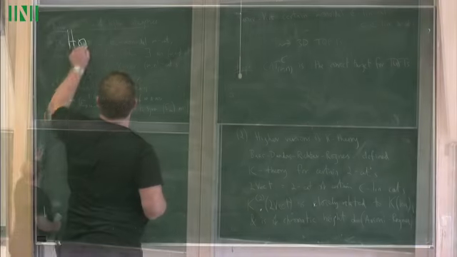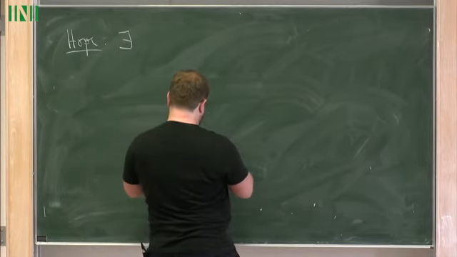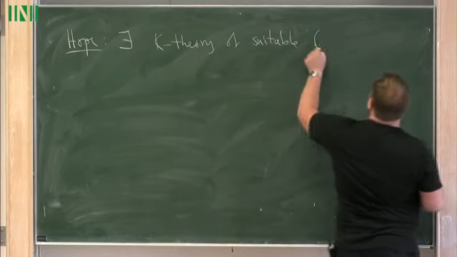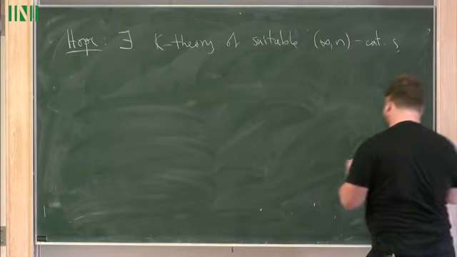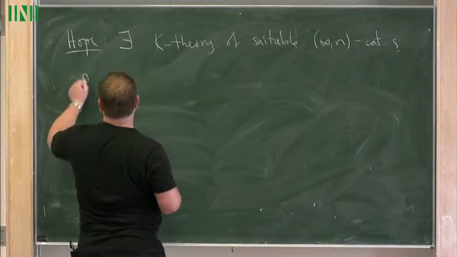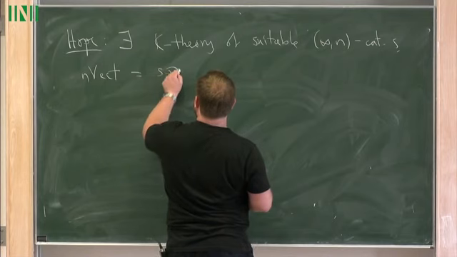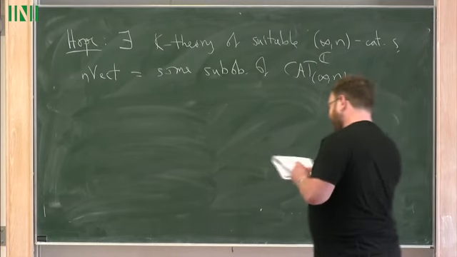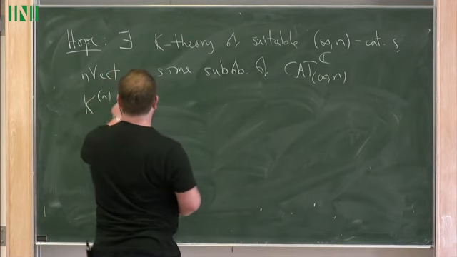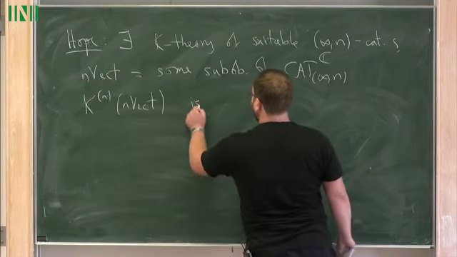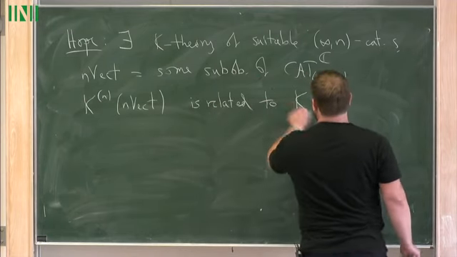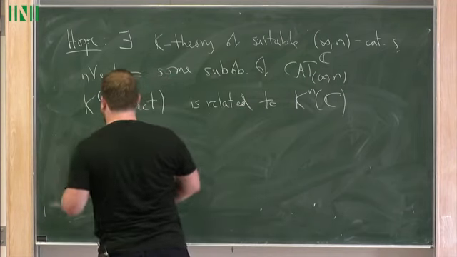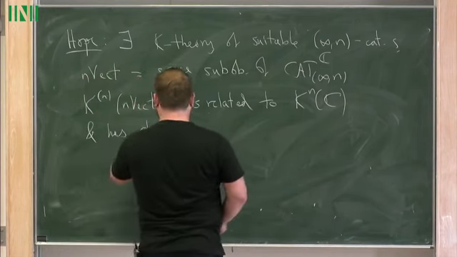So you might hope that there exists some sort of K-theory of suitable infinity n-categories, and that we can define n-Vect as some kind of subobject of Cat_infinity^n(C), and then the n-fold K-theory of this n-category should have something to do with the n-times iterated K-theory of C, and let's throw in the redshift conjecture and say that it should have chromatic height n.